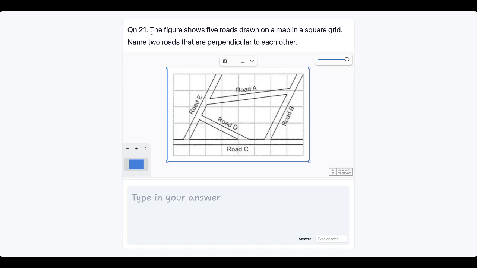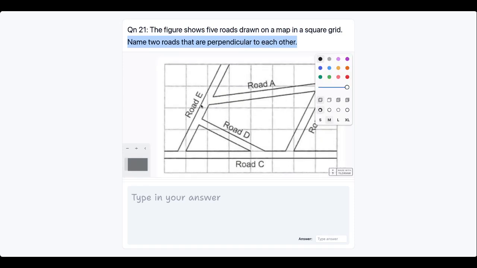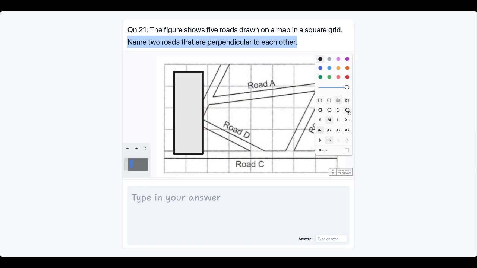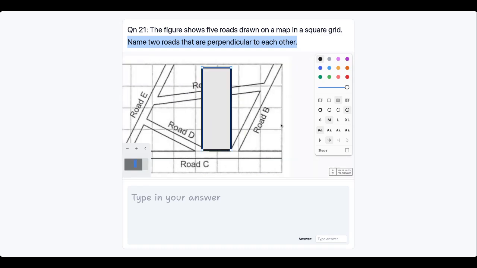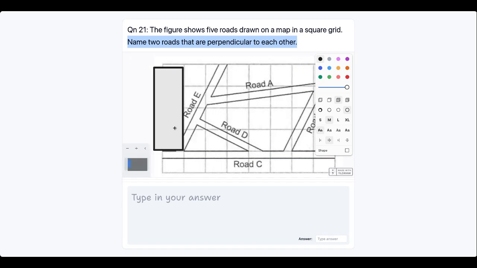Question number 21. The figure shows 5 roads drawn on a map in the square grid. Name 2 roads that are perpendicular to each other. If you want to find something perpendicular, you grab your rectangular ruler and align it on the roads and see which one of them is perpendicular.